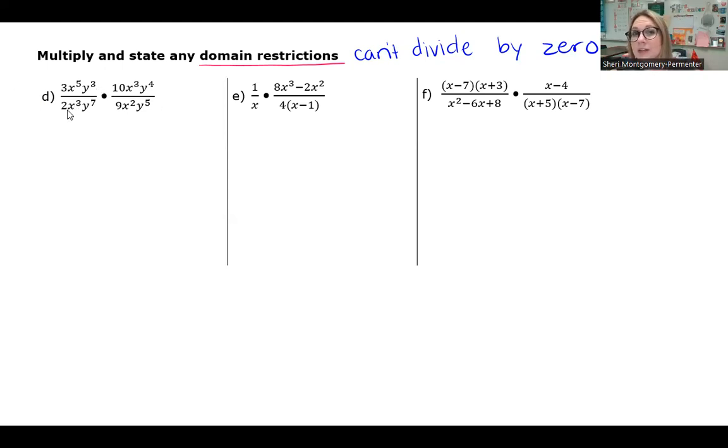Can x be equal to 7? If x is equal to 7, that would be 7 to the third power. Is that 0? No. Okay, so can x be equal to 1? 1 to the third power, is that 0? No. Okay, then what can x not be equal to? 0.